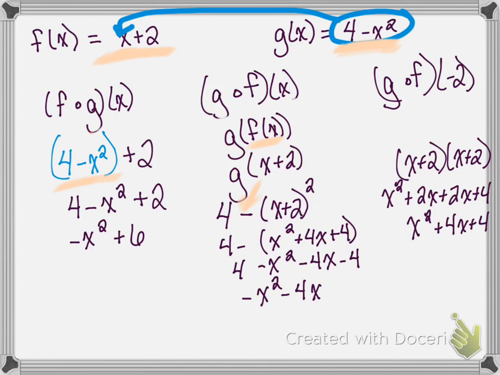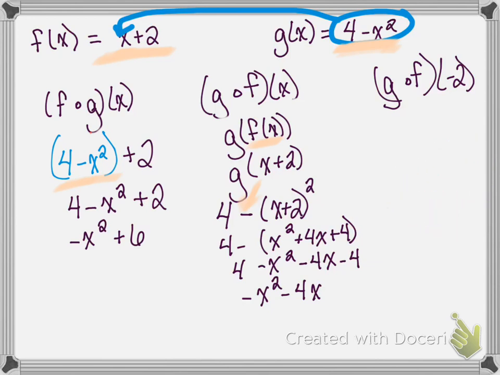Now, the last thing that I want to show you about composition of functions is what happens when I'm putting a number in there. G composed of f of negative 2. We've already found out what G composed of f of x is, so can I plug that negative 2 into this right here?